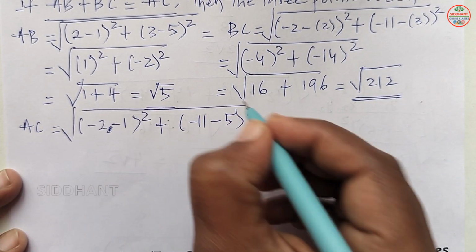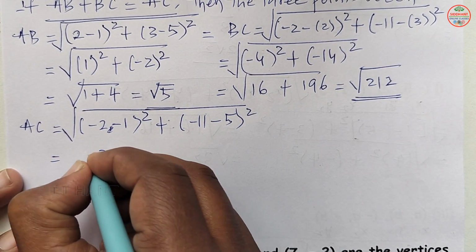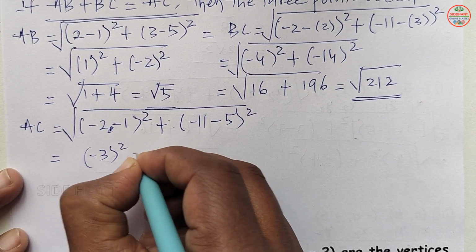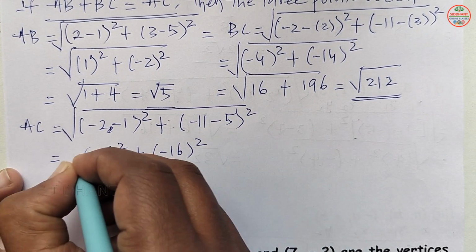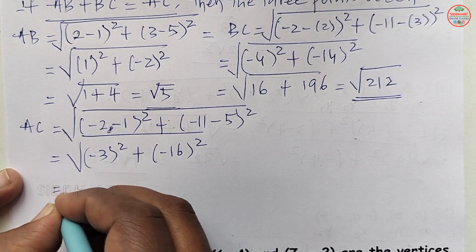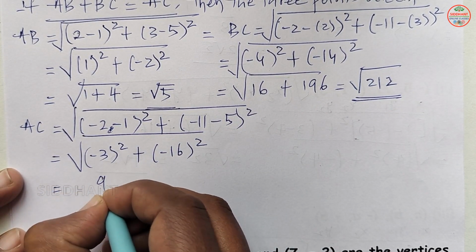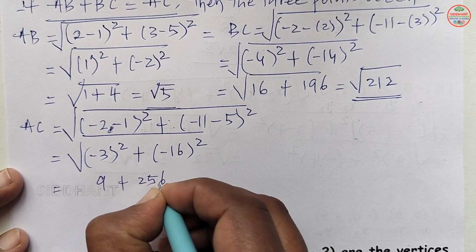So now that is equal to minus 3 whole square plus minus 16 whole square. So that will be 3 square 9 plus 16 square 256.